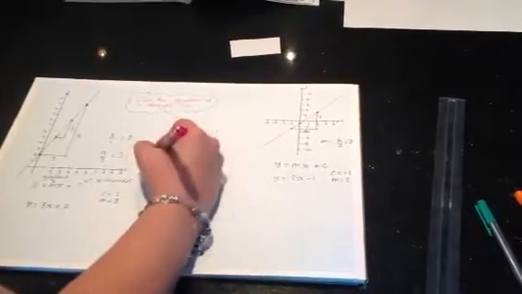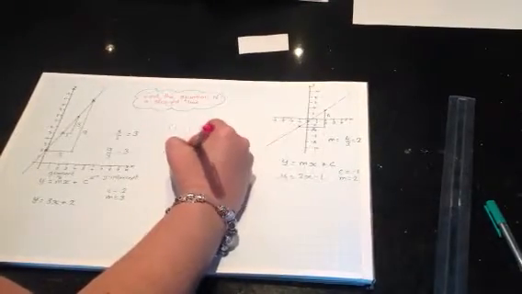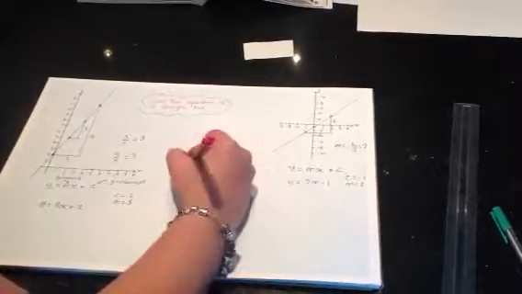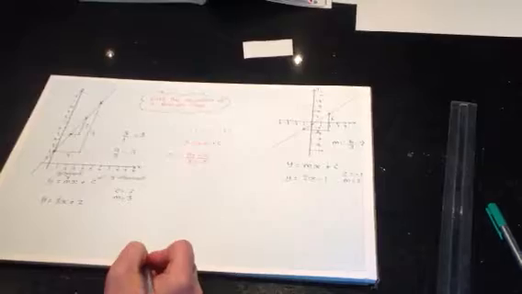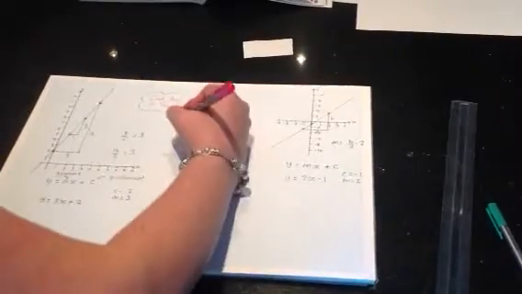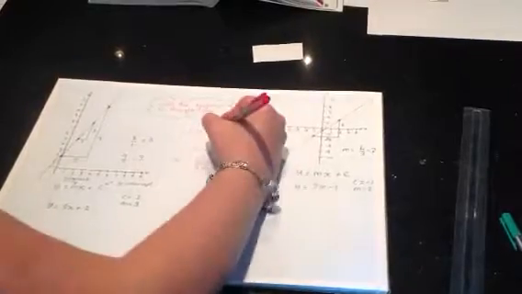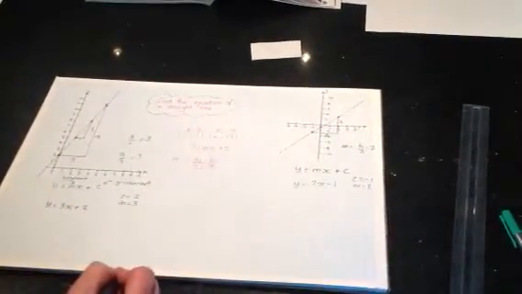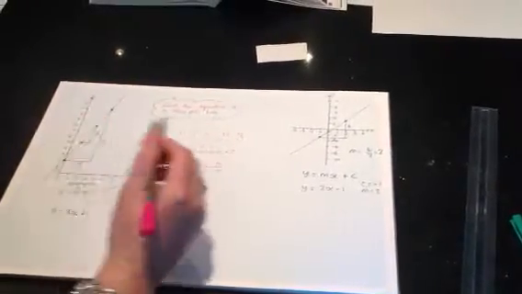So to find the gradient, the formula that I use is the height divided by the width of the triangle. So if we imagine these are the 2 points, and I'll label them up: x1, y1, x2, y2. And I imagine I've drawn those 2 points onto the graph.